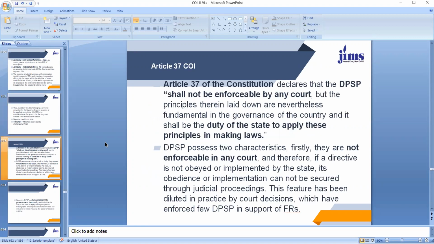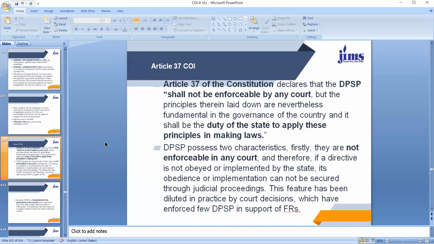Now, dear students, as you have seen that Article 36 defines the state, and Article 37 declares that directive principles shall not be enforceable in any court. But the principles laid down are nevertheless fundamental in the governance of the country, and it shall be the duty of the state to apply these principles in making laws.